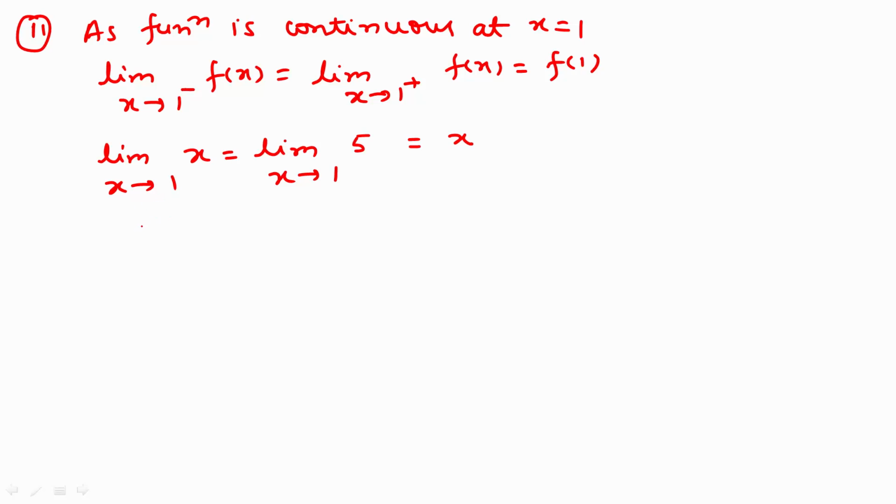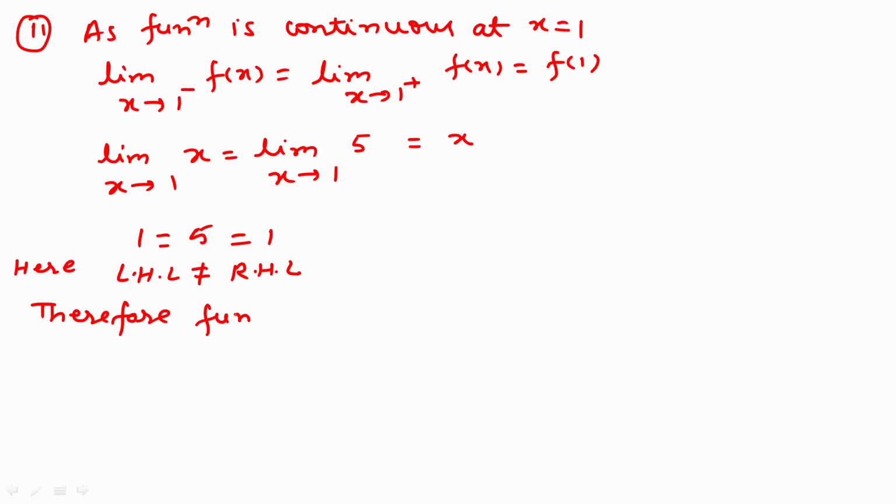On taking the limit, 1 is not equal to 5. Or you can write it like this: left hand limit is not equal to right hand limit. Therefore the function is not continuous at x is equal to 1.